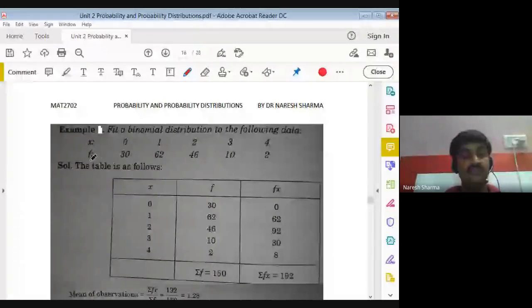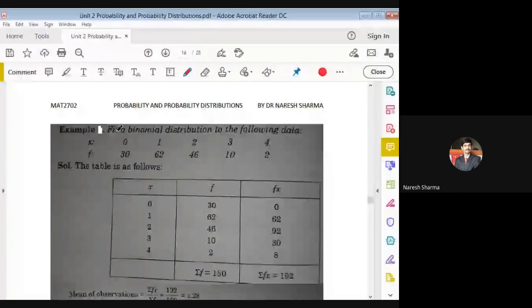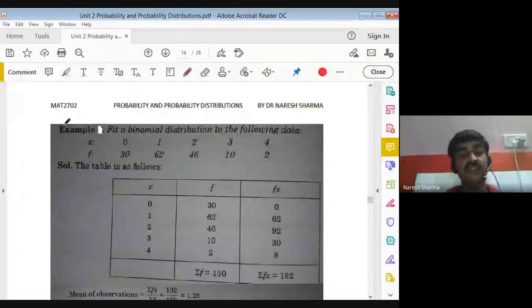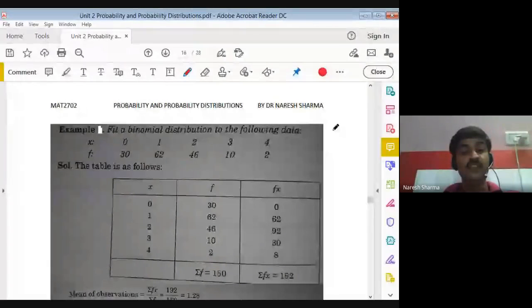So if this is your data, we know that for a data, the basic properties are always the same. That means for the data the mean, variance, and total number of entries are always the same. You may convert data from one form to another form.